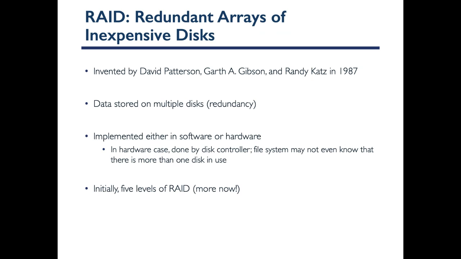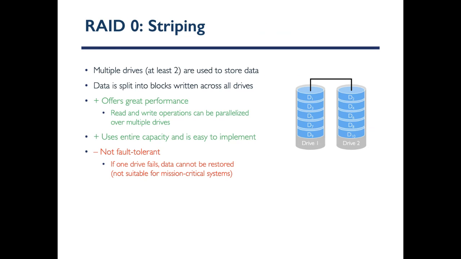So the idea is you could use different methods to save copies of your data, so that if one of your data blocks is lost, you don't lose all your information. So that's where the RAID notion comes into the picture.